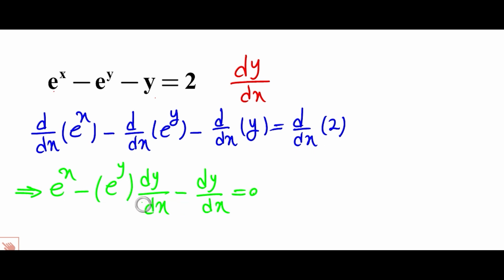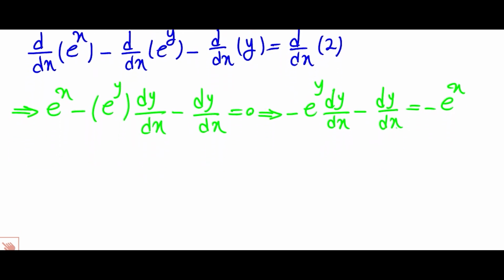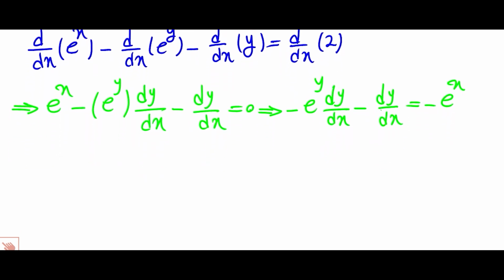Now we want to keep the terms with dy/dx on the left and move the term without it to the right side. So we have negative e to the y dy/dx minus dy/dx equals negative e to the x. Now we factor out dy/dx from the left side.